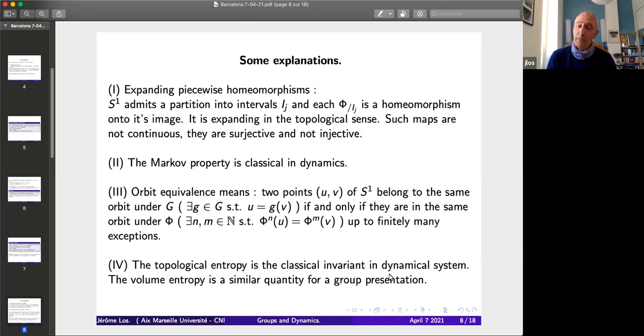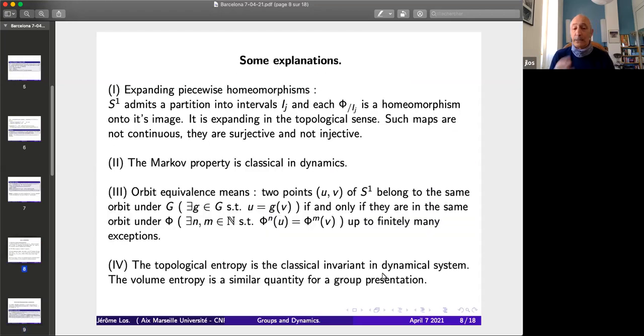You count how many group elements are in the ball of radius r. Classically, this number will grow exponentially. So you take the logarithm, divide by the radius, and take the limit when the radius goes to infinity, and you have a number. This number exists by the subadditivity property, and it is called the volume entropy of the presentation. This is not a group invariant. This is an invariant of the presentation.